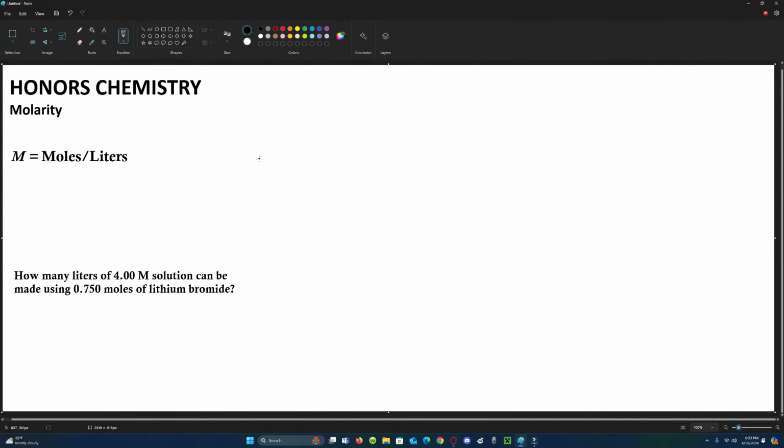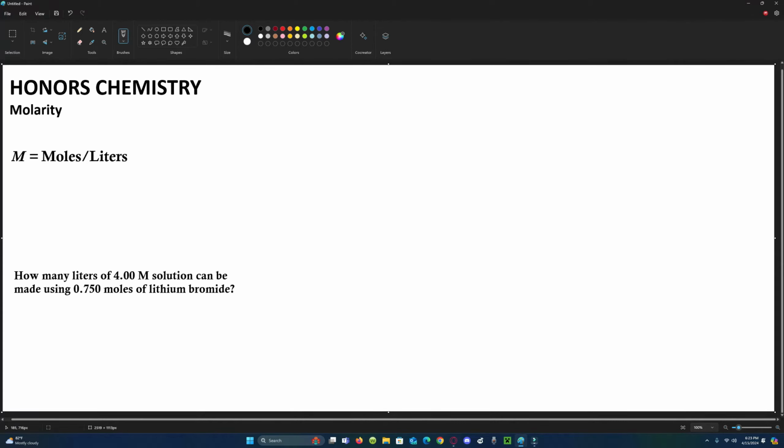And then going on to our next problem, we have how many liters of 4.00 mole solution can be made using 0.750 moles of lithium bromide. So this is kind of like the last one, but not really. All we're looking for is the liters.